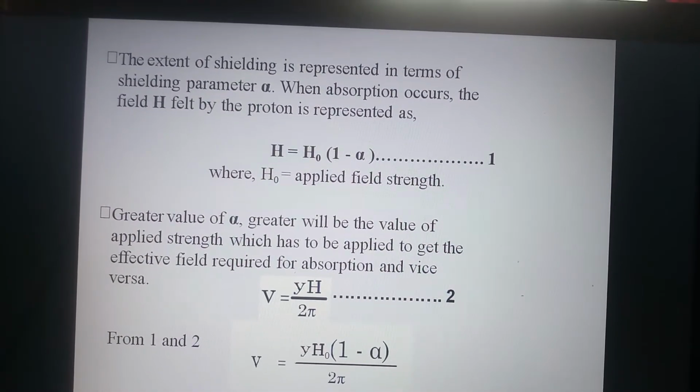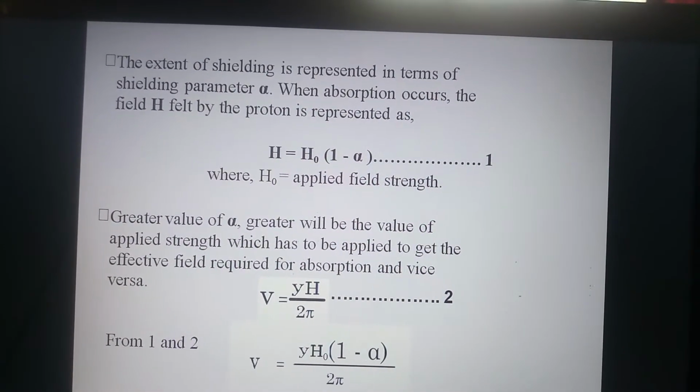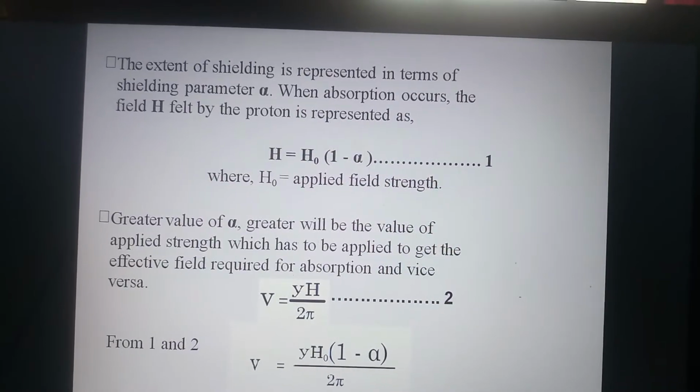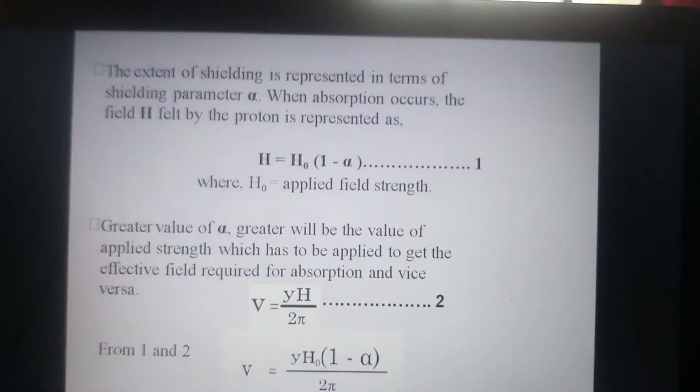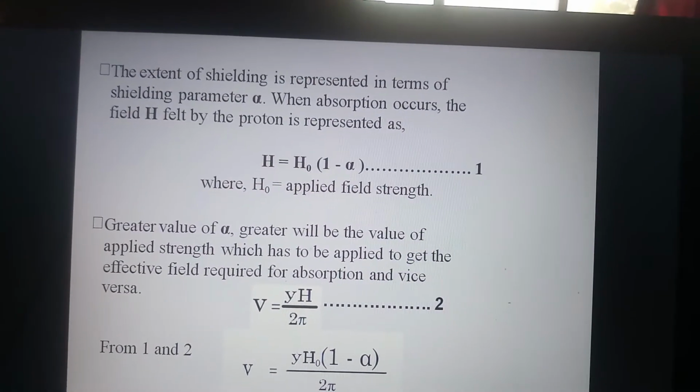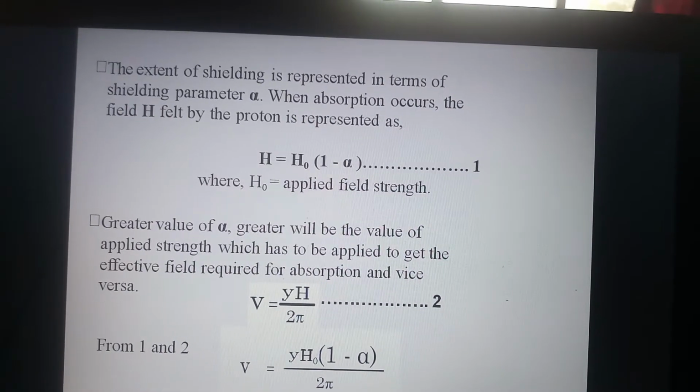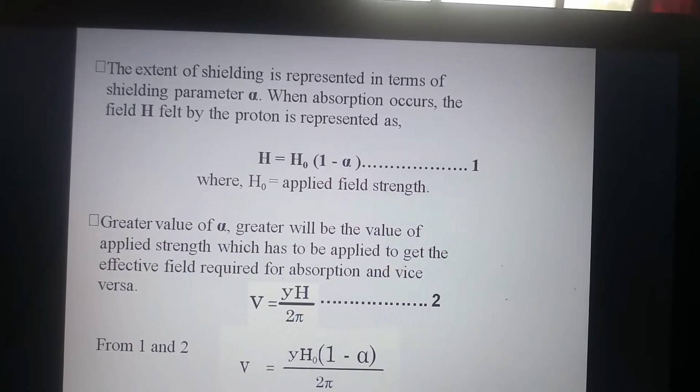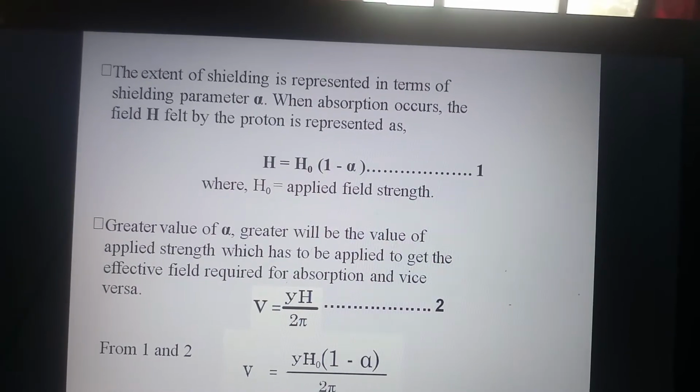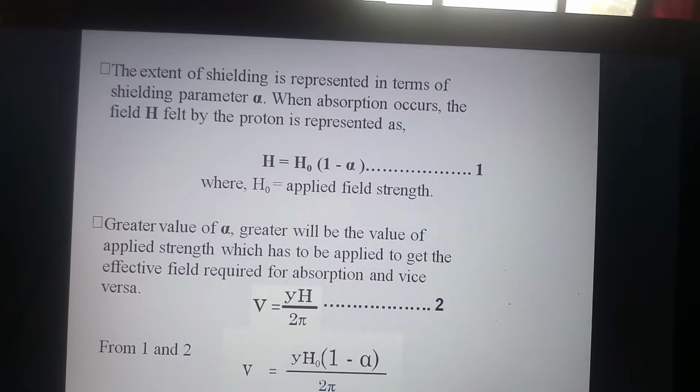The extent of shielding is represented in terms of the shielding parameter alpha. When the absorption occurs, the field H felt by the proton is represented as H = H0(1 - alpha), where H0 is the applied field strength.